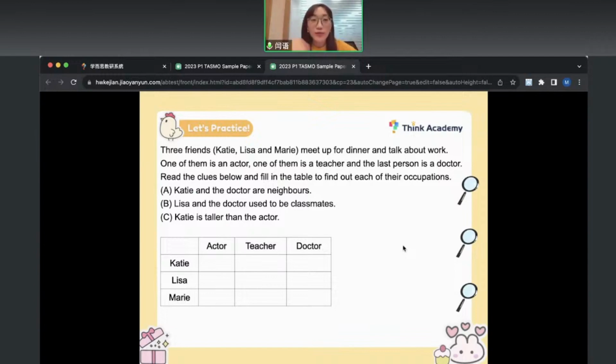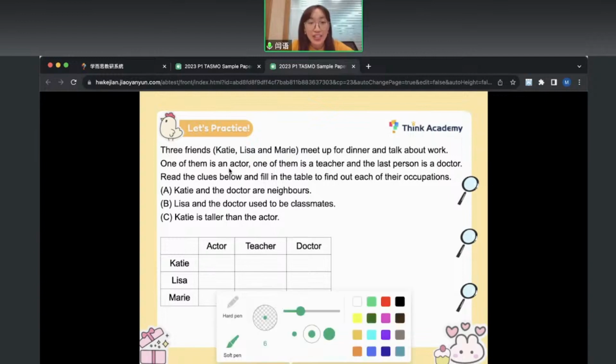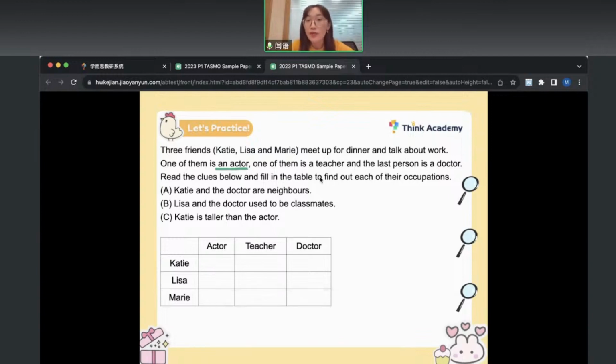3 friends, Katie, Lisa, and Mary meet up for dinner and talk about work. One of them is an actor. One of them is a teacher. And the last person is a doctor.